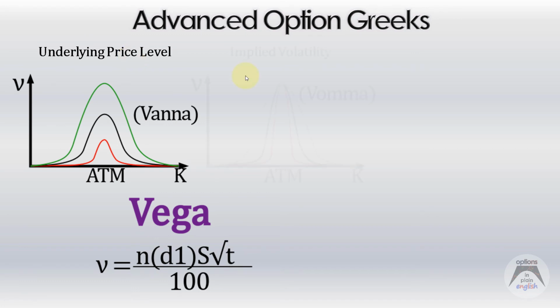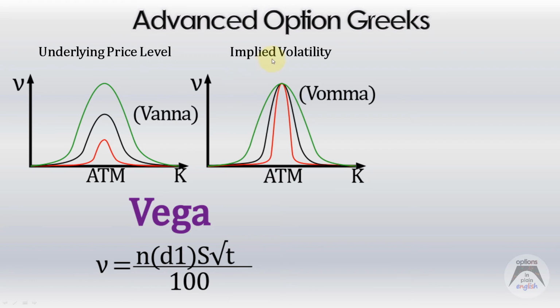So how does Vega change when implied volatility changes? Now remember, Vega measures how much the option price changes as the implied volatility changes. So if implied volatility goes higher, the option price is going to go higher because of Vega. But how about Vega itself? Is it going to go higher as well? Well, what happens here is a very interesting property.